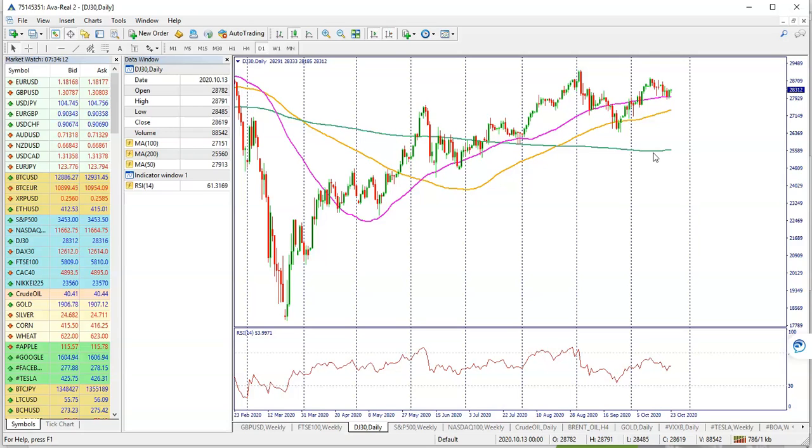Traders are really trying their best to keep the prices above the 50-day simple moving average, which is obviously positive, and the upward movements are very much driven on this particular hope that we will get another stimulus package before the US election, which, by the way, is only 11 days away, and 55 million Americans have already voted.